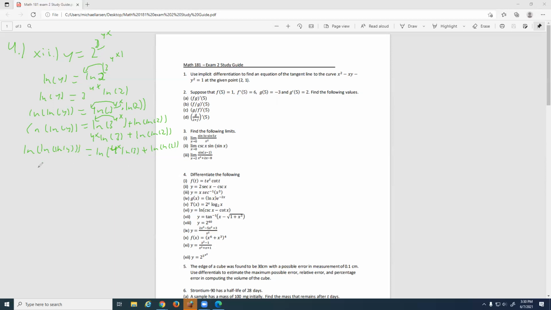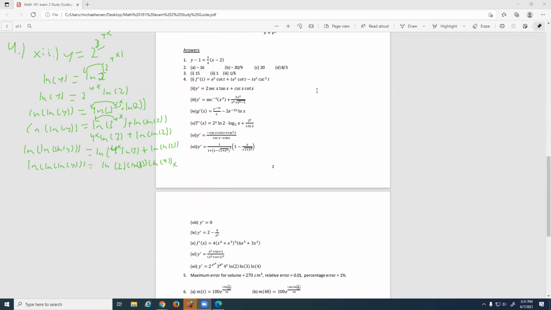Because we should end up with something where natural log of y is equal to natural log of 2 times natural log of 3 times natural log of 4. And then in the end, I think it's just an x, something kind of like that. Let me double check one more time.